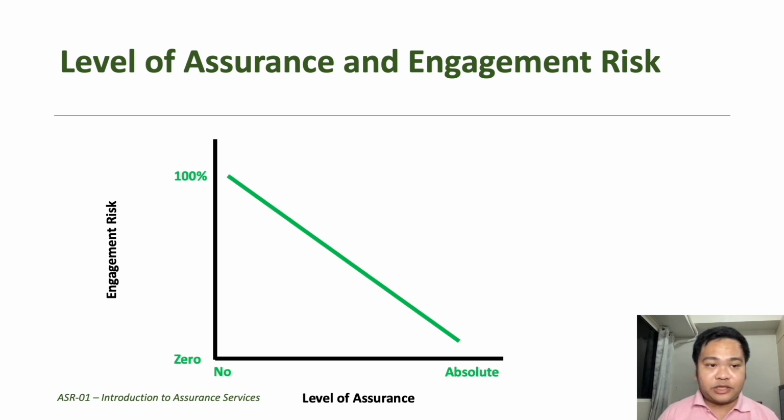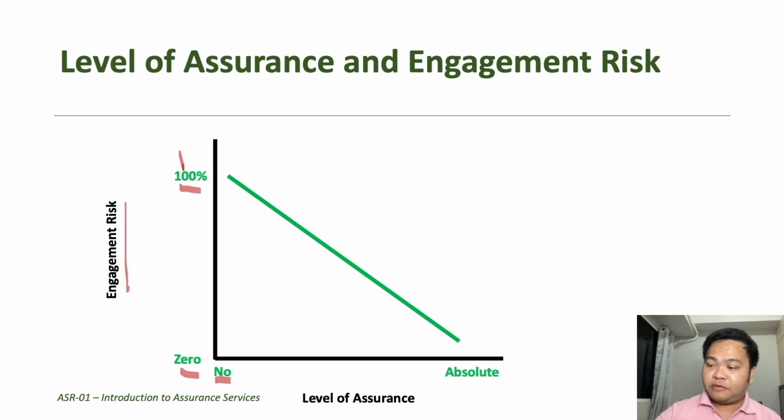So in this illustration, we have the engagement risk on the vertical axis, which can range from zero risk to 100% risk. Meaning to say, the practitioner will issue an incorrect conclusion at 100% risk level. And the level of assurance given is no assurance when we did not perform any procedures.